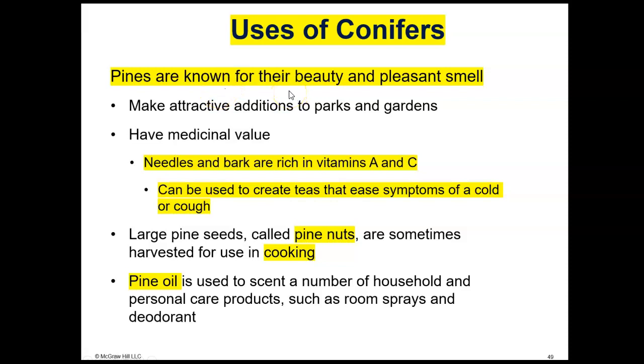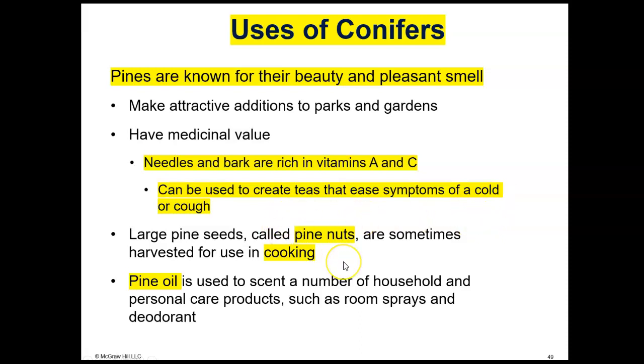Anyway, so for uses of conifers, pines are known for their beauty and pleasant smell, of course. The needles of pine trees and the bark are rich sources of vitamins A and C. They can be used to create teas. You can make tea with the needles and the bark to ease symptoms of a cold or a cough.